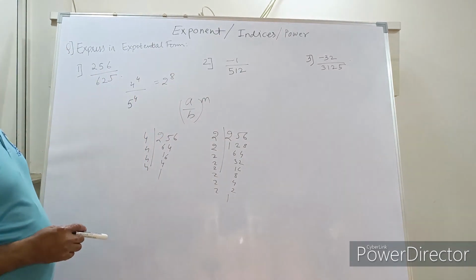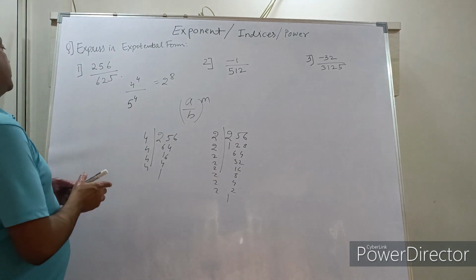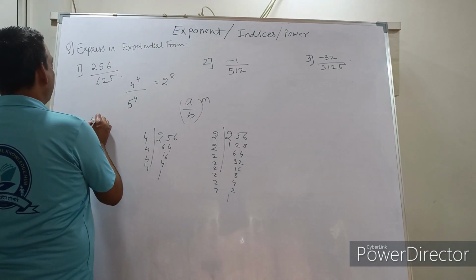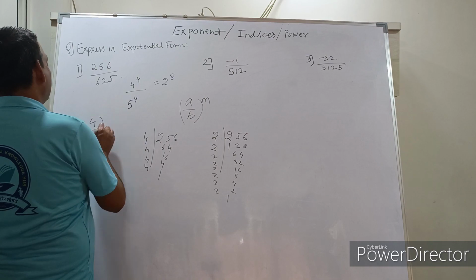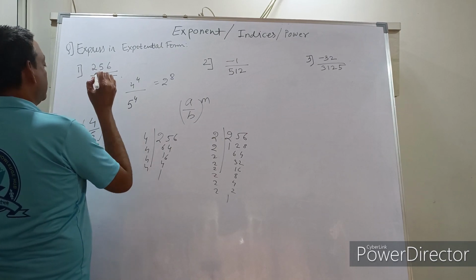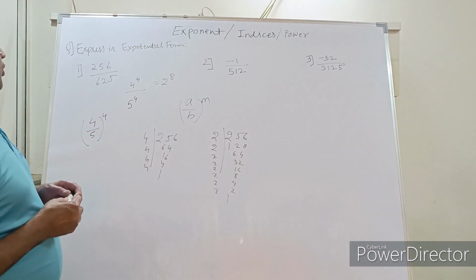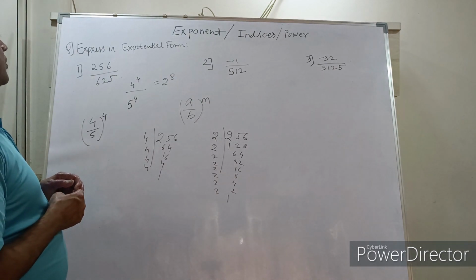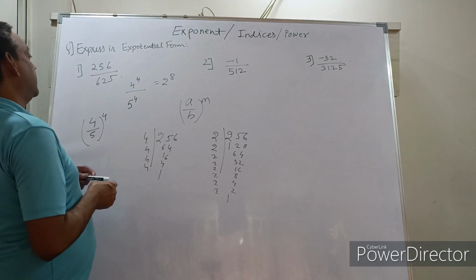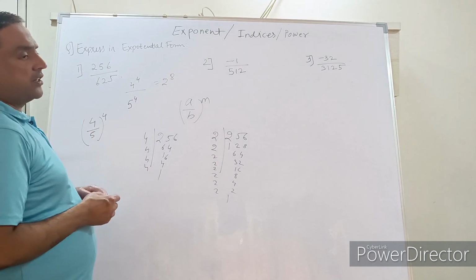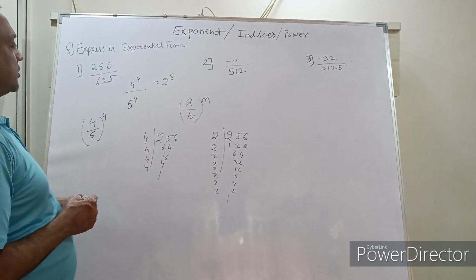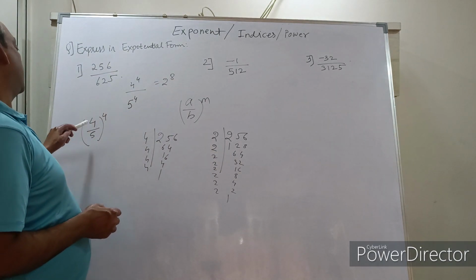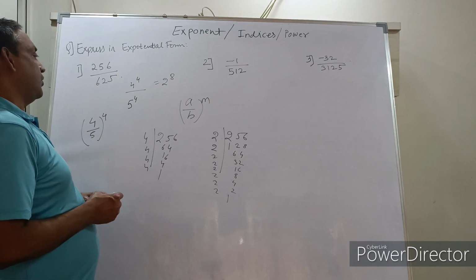Power 4 means the base has to be 4. So the answer is 4 upon 5 whole thing raised to 4. Okay, so the answer is 4 upon 5 raised to 4, not 2 raised to 8 upon 5 raised to 4. Two separate parts come, but the actual answer will be 4 upon 5 raised to 4.